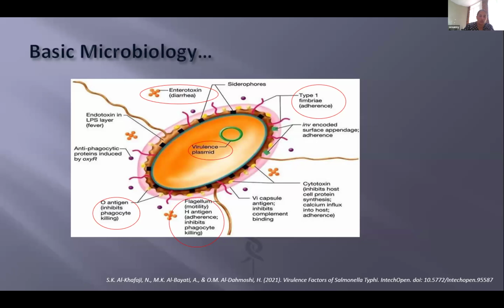And then you have phase 2 flagellar antigens, which are fairly non-specific, and you can find them across various strains. And then you've got the Vi capsule, which is the thick capsule around the lipopolysaccharide, and that's particularly restricted to Salmonella serotype typhi, as well as Salmonella serotype choleraesuis. As you can see, it prevents phagocytosis, and it inhibits complement binding.